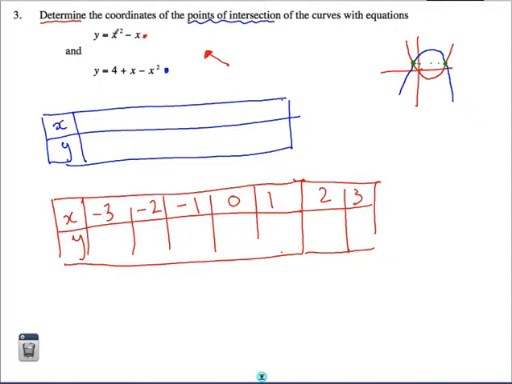So in this case it would be minus 3 squared, which is 9, minus minus 3, which means adding 3. So 9 add 3 is 12. Minus 2 squared is 4. 4 add 2 is 6, and so on. So you work out your values, you plot your coordinates on a nice pair of axes that is accurate.